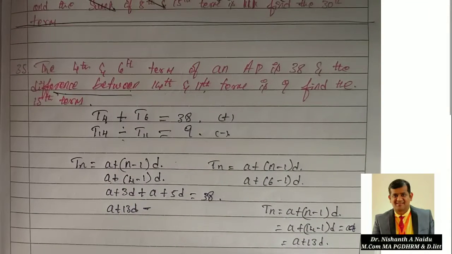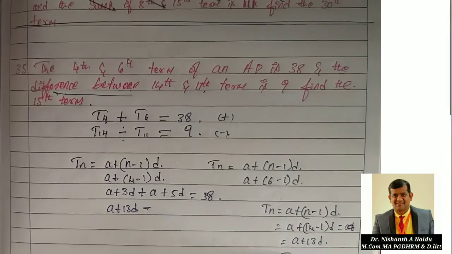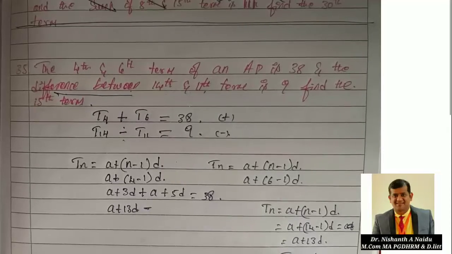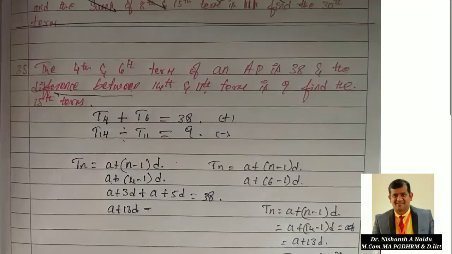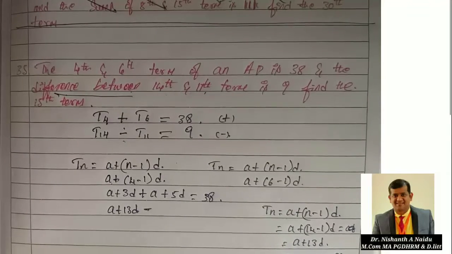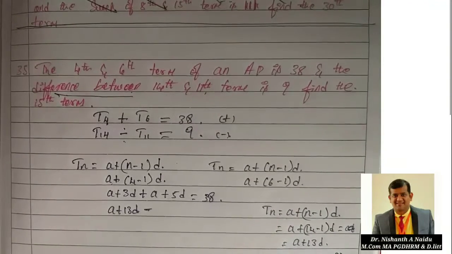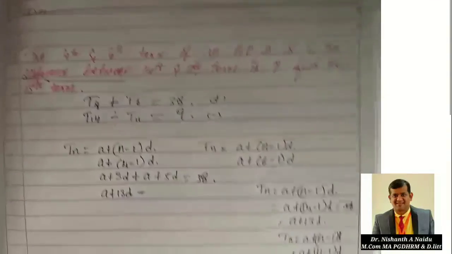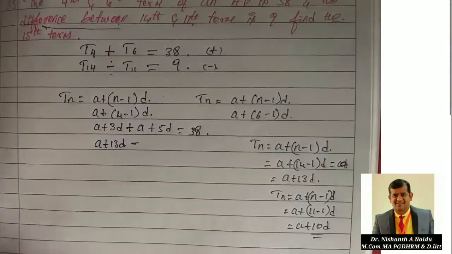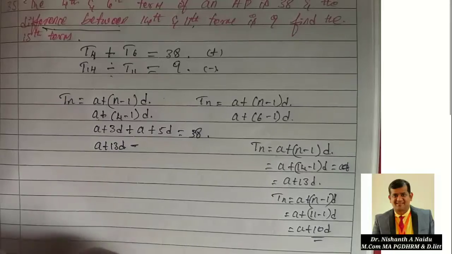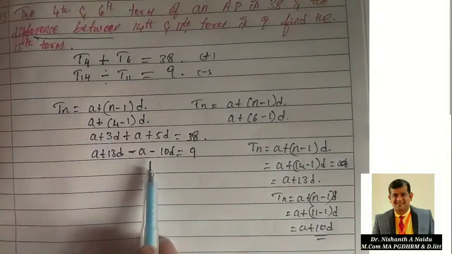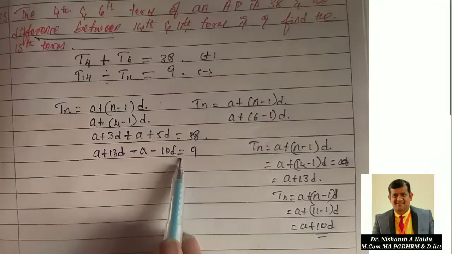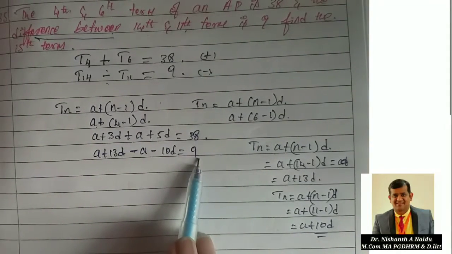T11: Tn equals a plus n minus 1 into d, so a plus 11 minus 1 into d. That is a plus 10d. Clear? A plus 10d. So that minus a, that becomes minus 10d, equals 9.